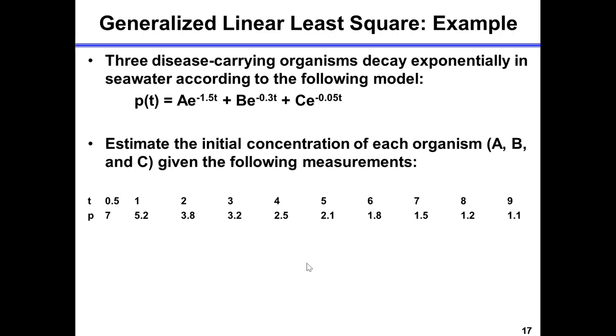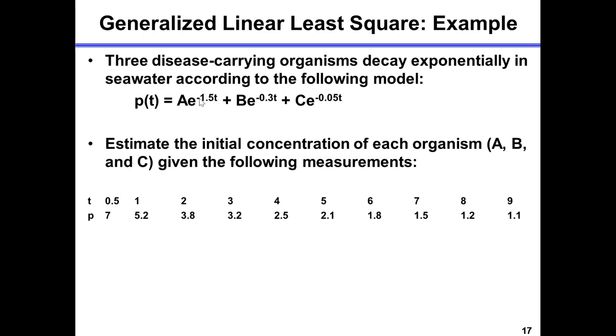This is an example. In this example, we have this equation: three disease-carrying organisms decay exponentially in seawater according to the following model, and we estimate the initial concentration of each organism. When you look at it, I'm interested in finding A, B, C as parameters.